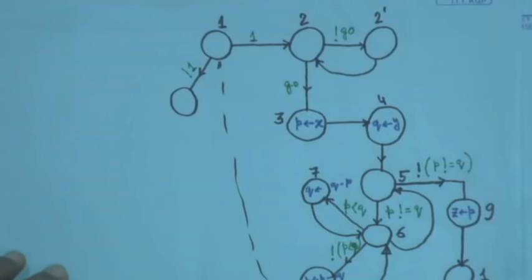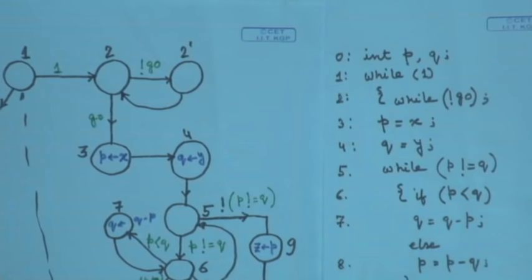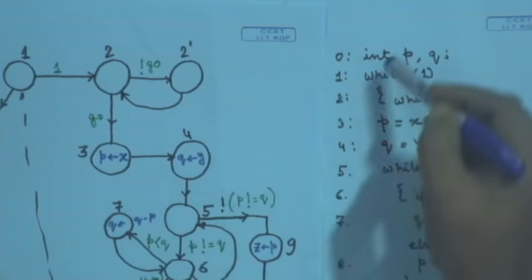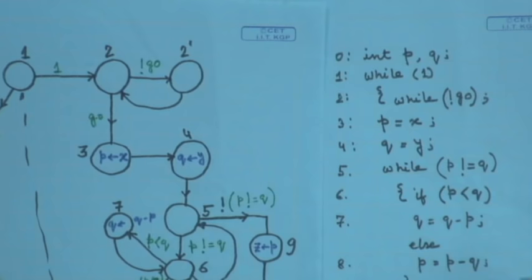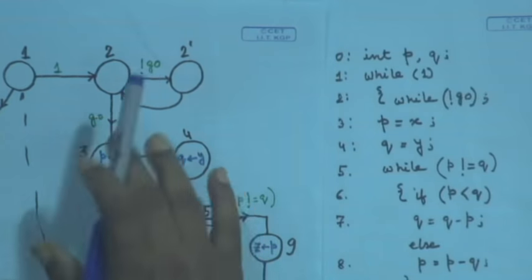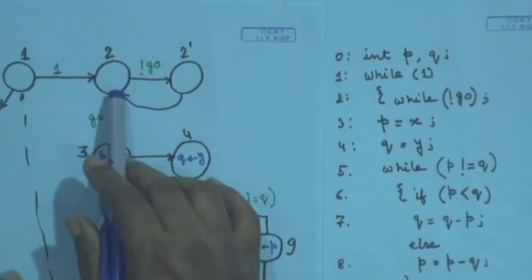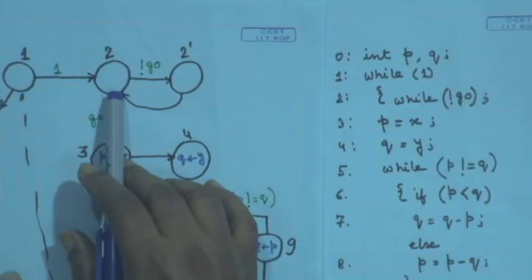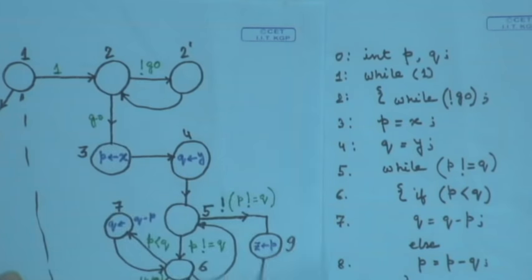I did not bother about that. I simply translated this algorithm into this diagram step by step. Now, it is time that I can have a deeper look at this and see if I can reduce this. That is the second step.